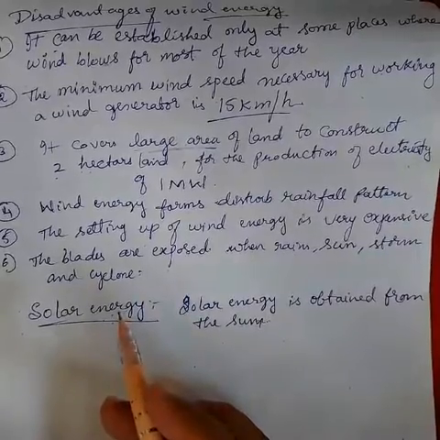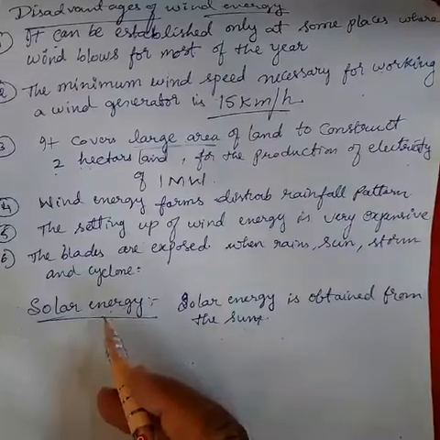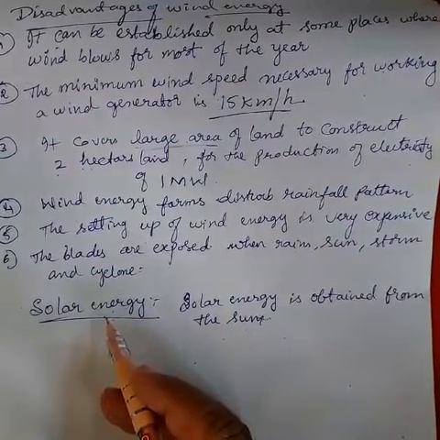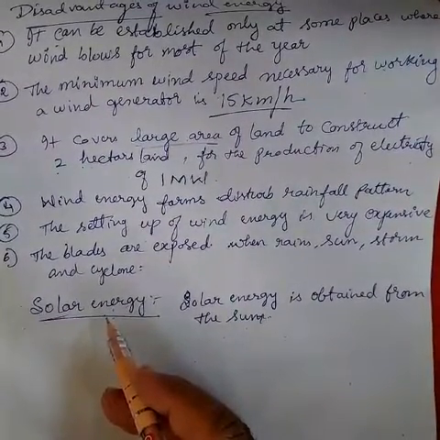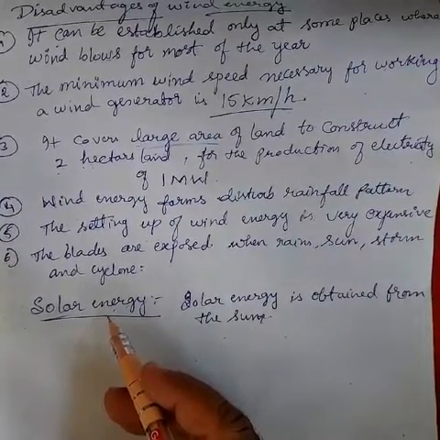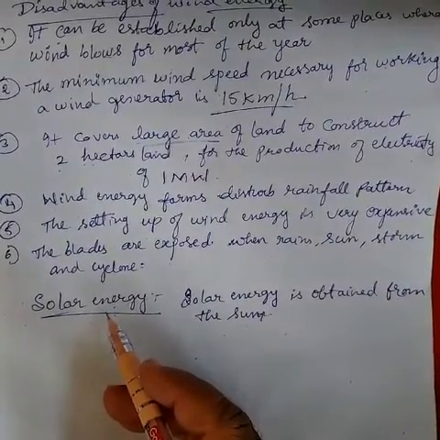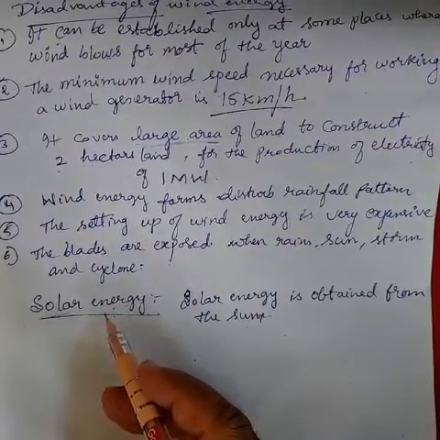How is it possible? By the help of solar energy. And for the preservation of fruits, vegetables, fish, and meat, we use sun drying.